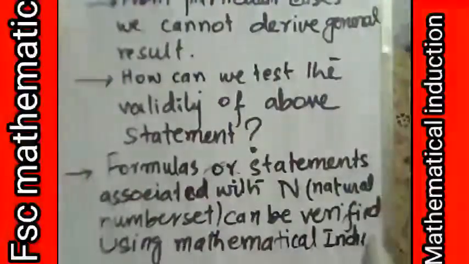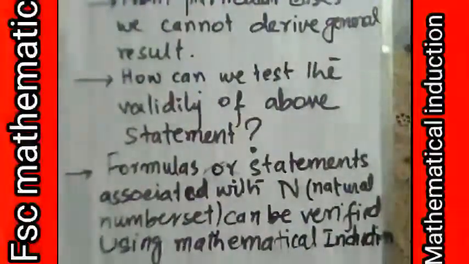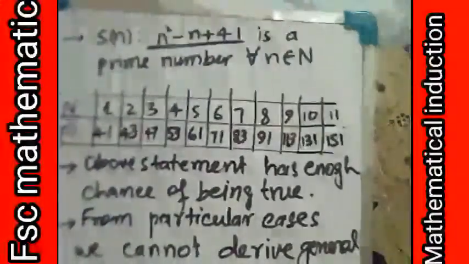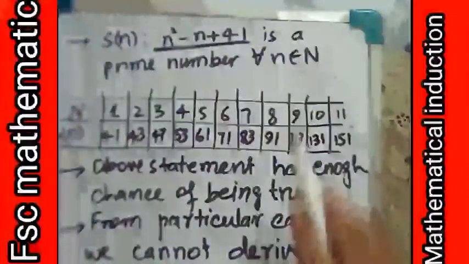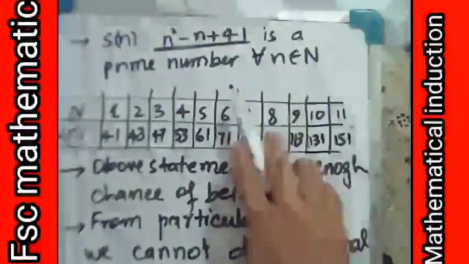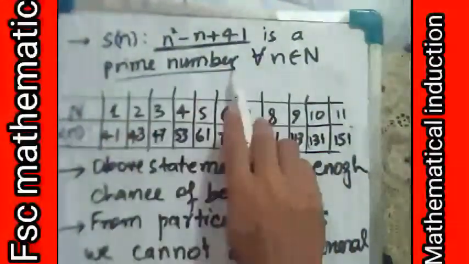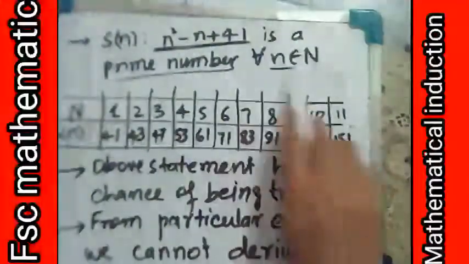So now we come to know the requirement of the method. Let's look at it again. This is the statement. It claims you will find a prime number whenever you substitute a natural number.